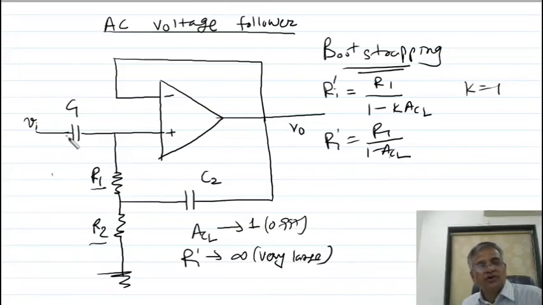To avoid the loss of signals, this is used as a buffer. This is just information I wanted to give you about the AC voltage follower.